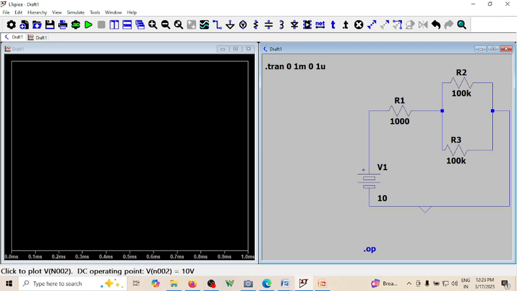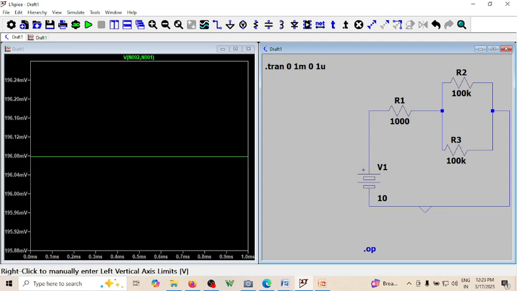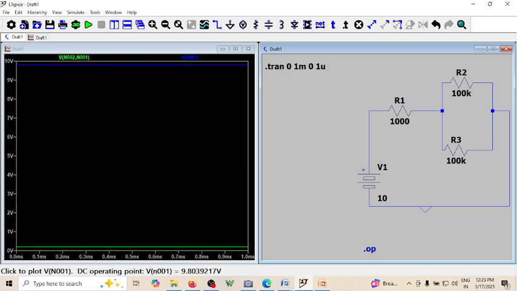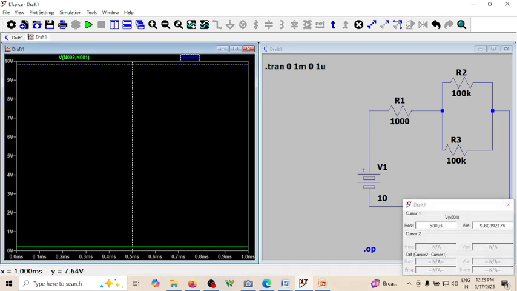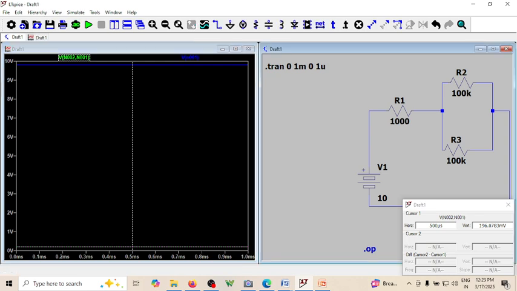So now this voltage is 196 millivolts, and this is around 9.8. Can you see this is 9.80, and this happens to be 196 millivolts, and the current through them is, okay, actually you can see the current is showing in the opposite direction.